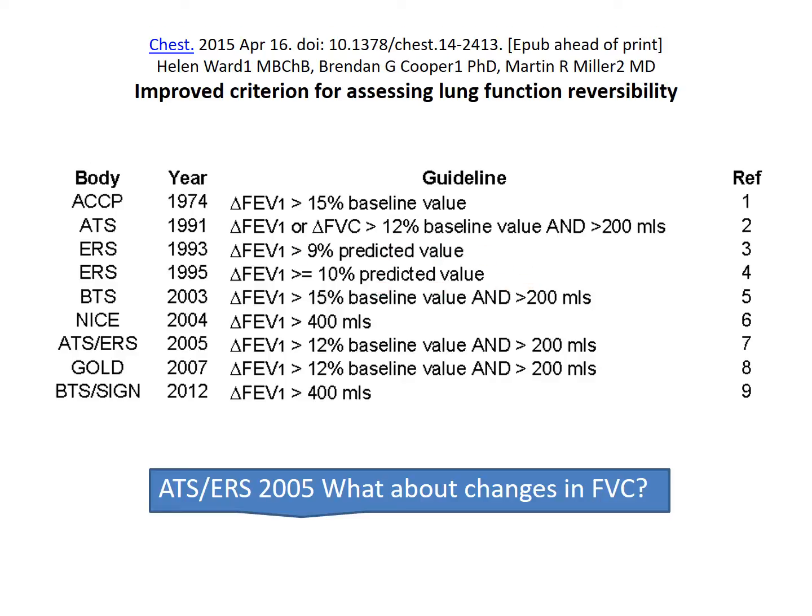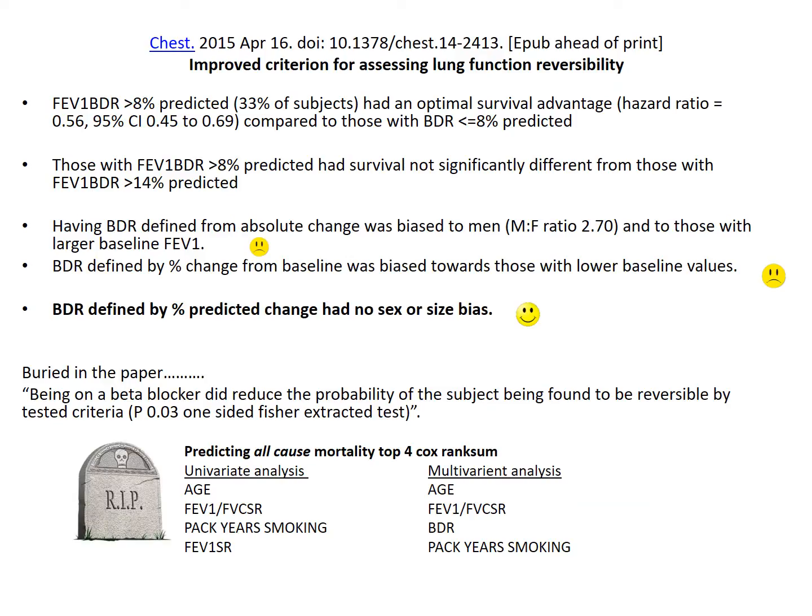And so what did they find was the best way? Well, just like the earlier study, 22 years before this paper, they found the best expression was a change in FEV1 predicted, and found 8 this time to be the magic number in separating out the survival. They found a third of the subjects had a positive bronchodilator response, according to that criteria, when they used 8.